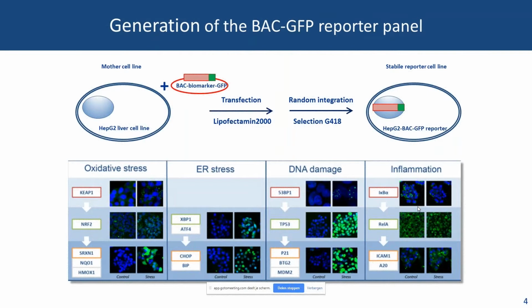About the generation of this reporter model, we started with the HepG2 liver cell line, and then we transfected it with a very big plasmid on which our biomarker is located. We select a certain biomarker for a certain stress pathway, and this is located in a bacterial artificial chromosome, or BAC for short.